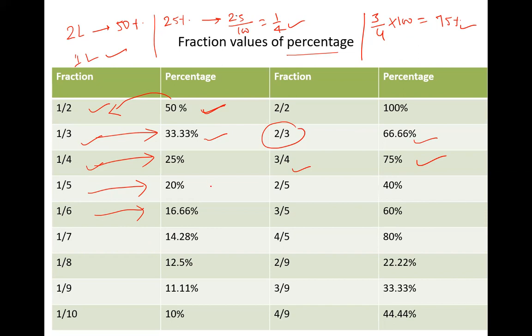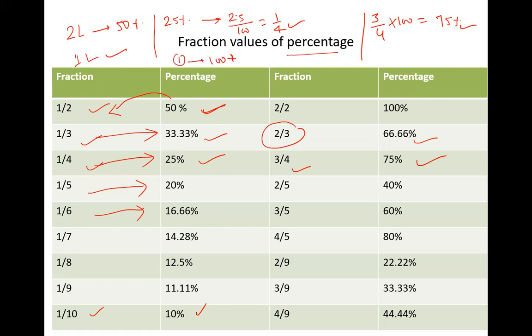1 upon 4 means 25%. 25% means just we'll divide the figure by 4. We'll get the 25% of that figure. 10%, 10% means what? Just we divide the figure by 10. We'll get the 10% of that figure. Any number, for example, 1. 1 itself is 100%.